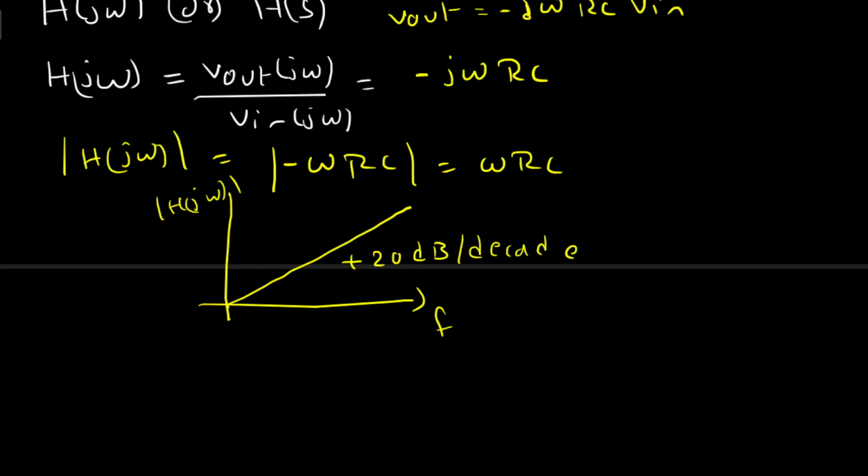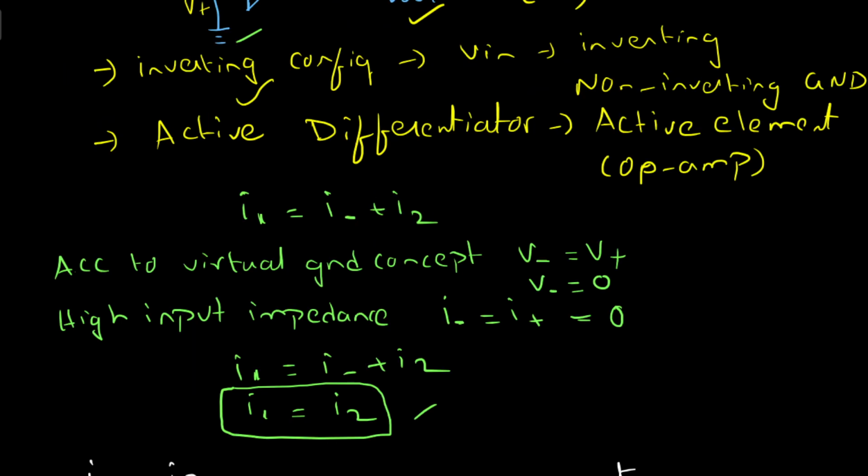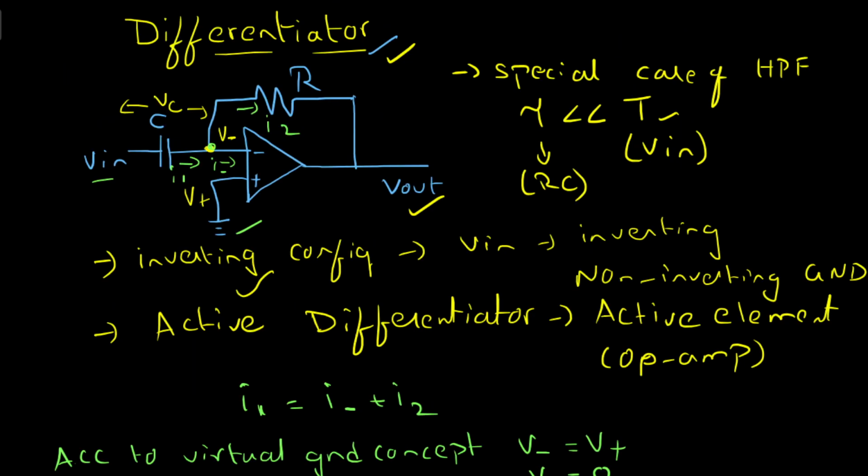In the x-axis we take the frequency, and in the y-axis the gain, that is the transfer function magnitude, in dBs. Okay, so this is about how to determine the output voltage of the differentiator, what the differentiator is, and how to determine the transfer function of a differentiator.